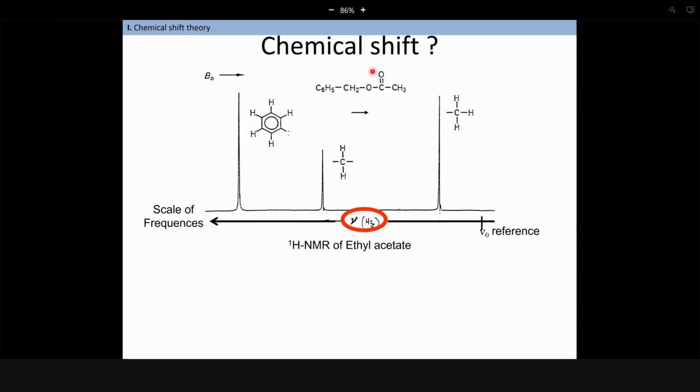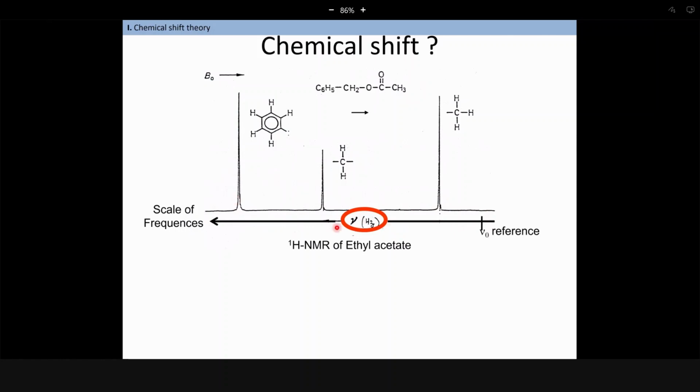This is an ester function, okay? So when we register the NMR spectrum for the proton here, we are able to get this spectrum, and starting from 0 here, we have a first signal, a second one, and a third one.